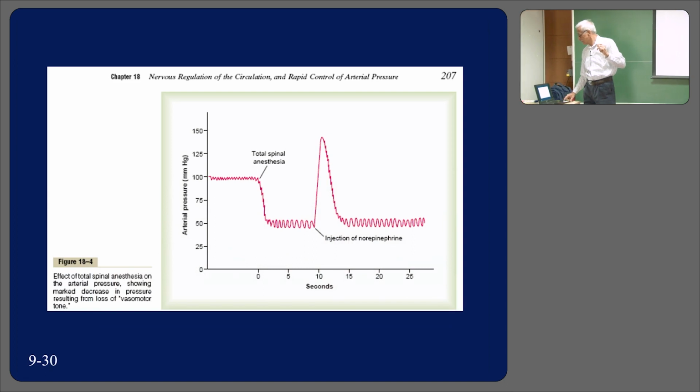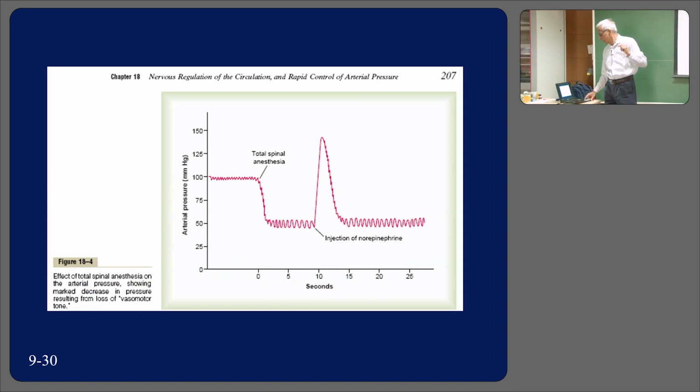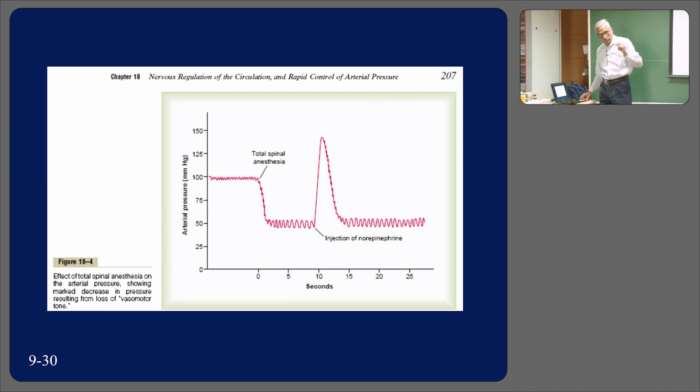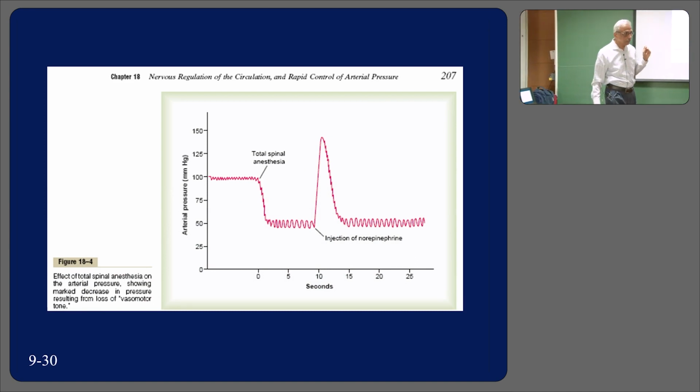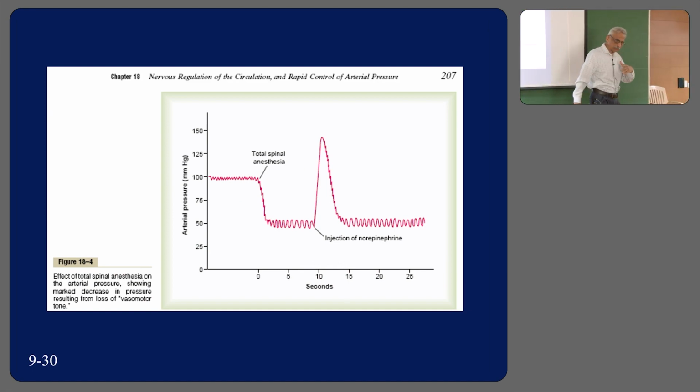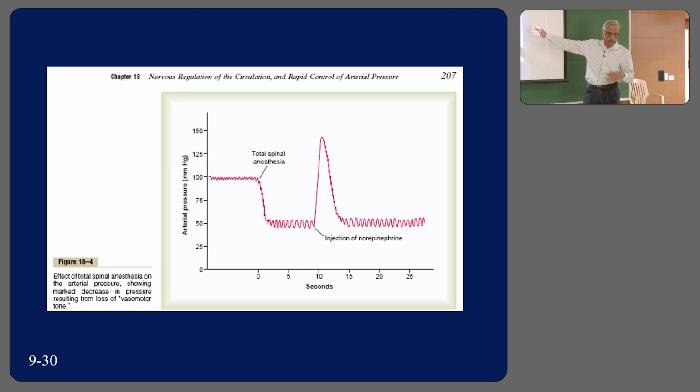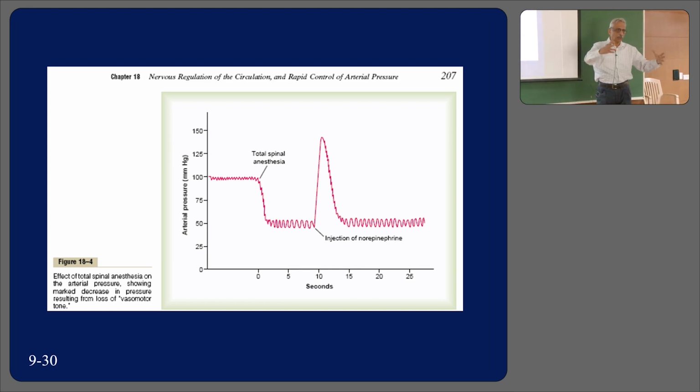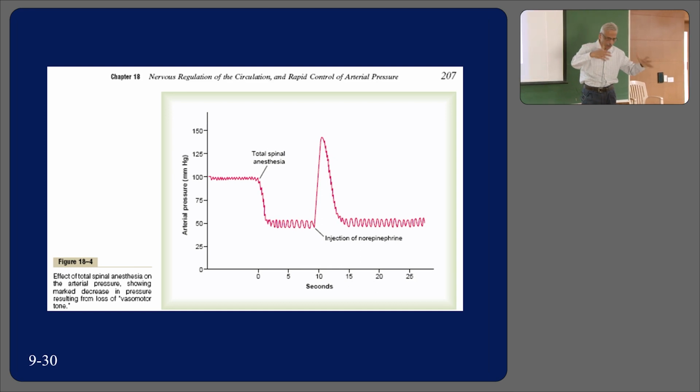Does the fall of arterial pressure occur because of the loss in tonicity of the blood? Which one? Here? No, this is because it is broken down. You give norepinephrine, you get the effect, but it is so rapidly broken down.